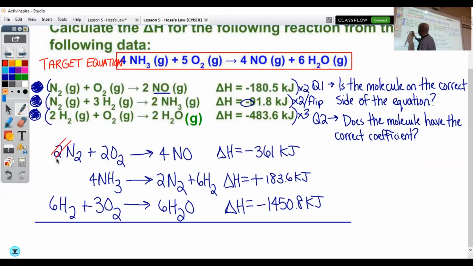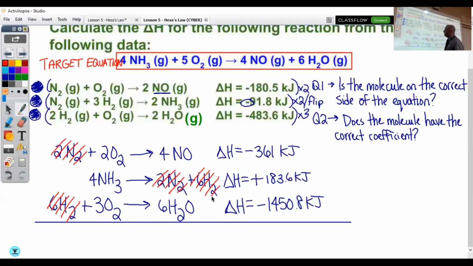I can eliminate these 2 nitrogens that are on both sides. Another thing that I can do, I have 6 hydrogen on the right side here, and I have 6 hydrogen on the left side here. I can eliminate those 6 hydrogen from both sides.